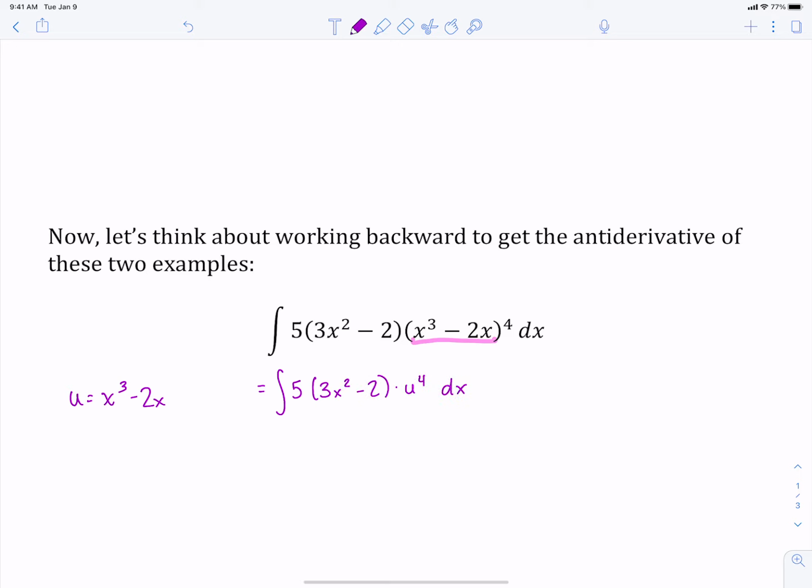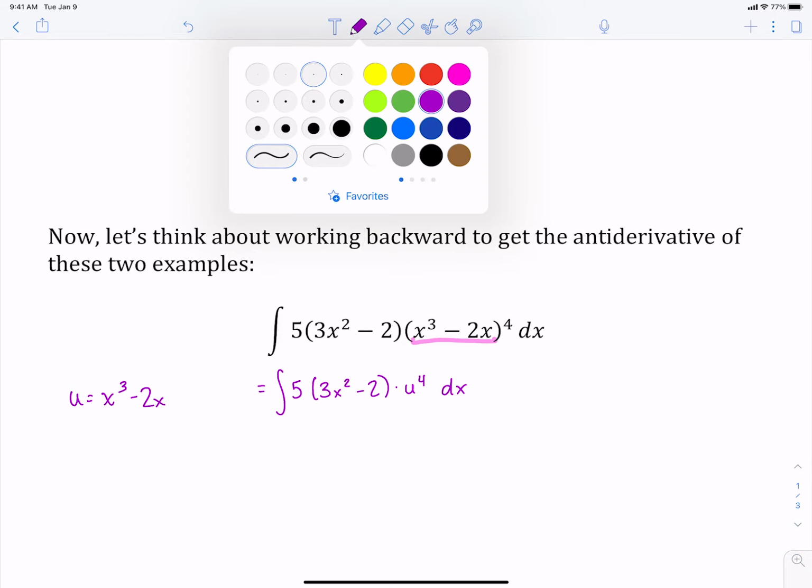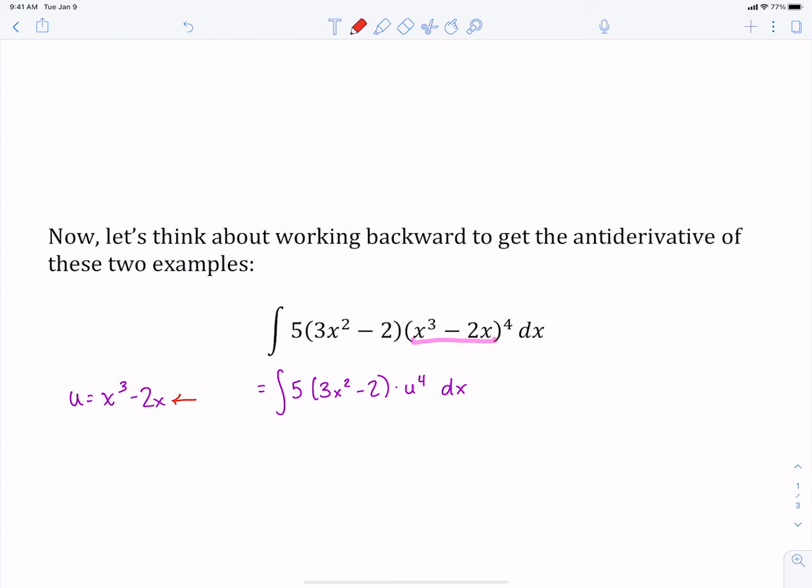Now, this looks like even more of a mess. We've got the integral of 5 times 3x squared minus 2, and then u to the fourth, and then dx. So we've got x's, we've got u's, we've got all sorts of stuff going on. But if we take a look at this definition of a variable that we made, this is our substitution.